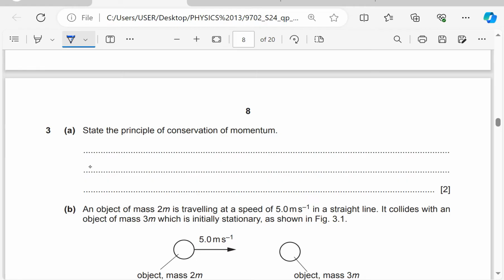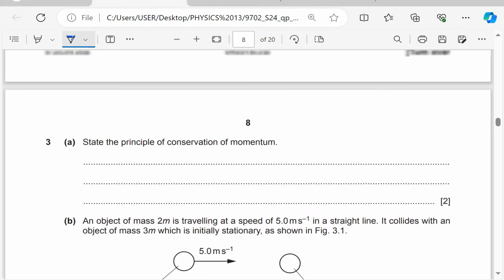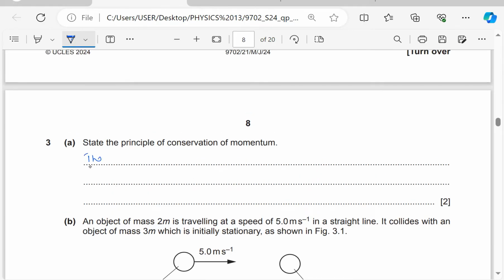So the easiest way to state the principle of conservation of momentum is that the total momentum of an isolated system of interacting bodies is always constant.